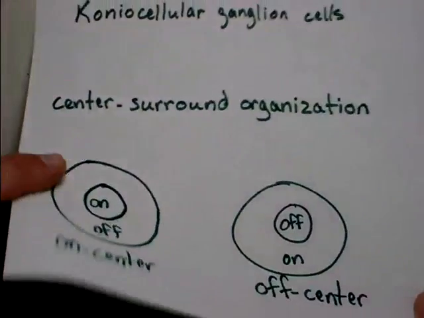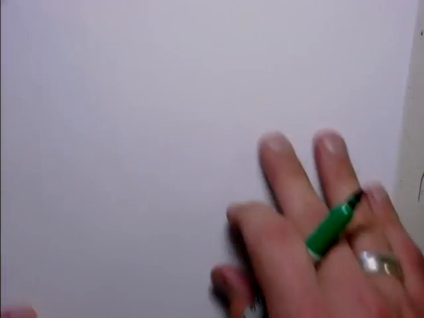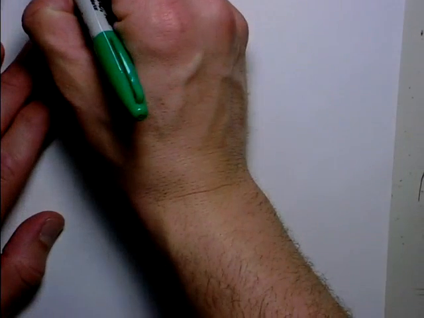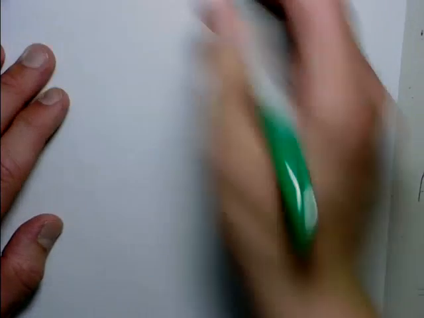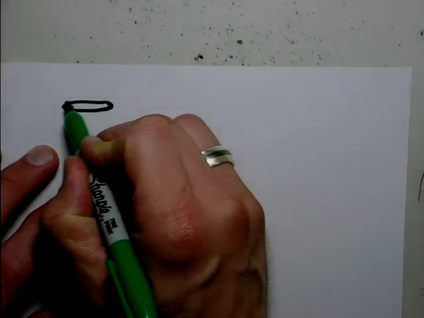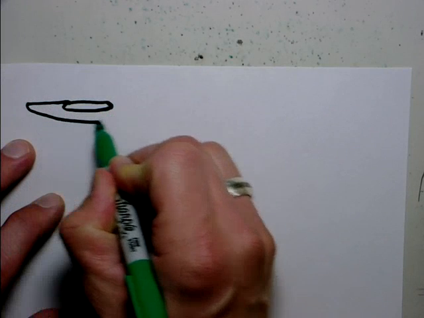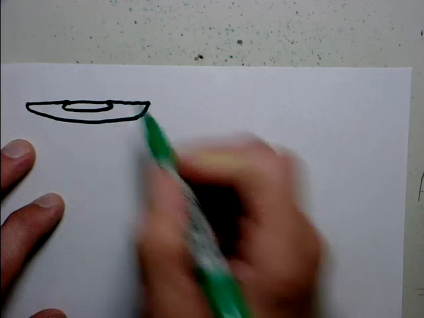So let's focus on an on-center receptive field. Let's take this receptive field and turn it on its end like that. We have our on-center and we have our off-surround.